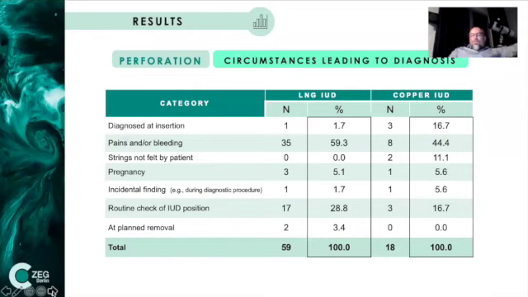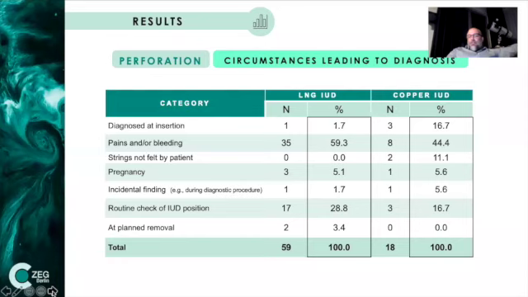Half of the perforation cases were diagnosed due to pain and or bleeding problems of the woman. So this is actually what led these women to their HCPs and at the end of the day to the diagnosis of a perforation. But there was also a good proportion who was diagnosed during routine checks.